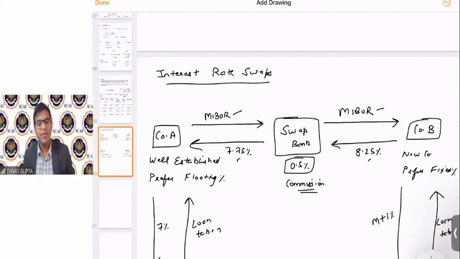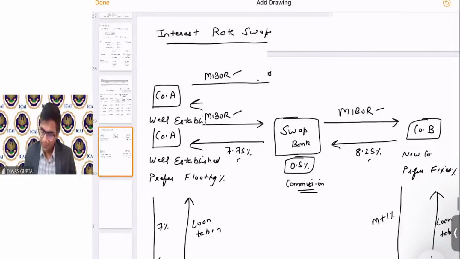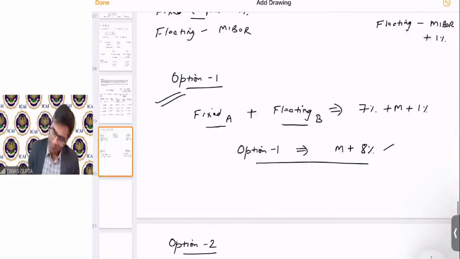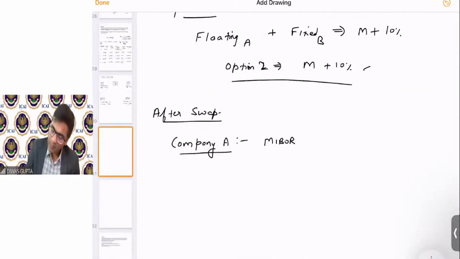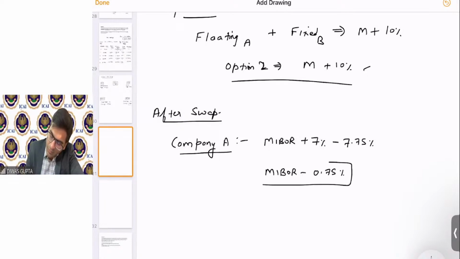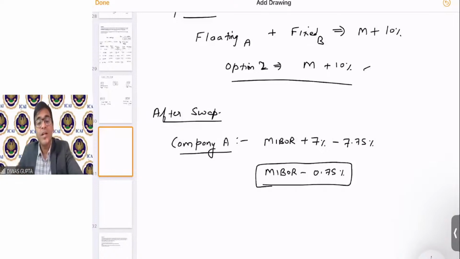It is paying this 7% interest to bank A and receiving 7.75 from swap bank. Now, company A's equation will be MIBOR plus 7% minus 7.75% is the recovery. So it effectively becomes MIBOR minus 0.75 percentage. This is the effective interest rate for company A.